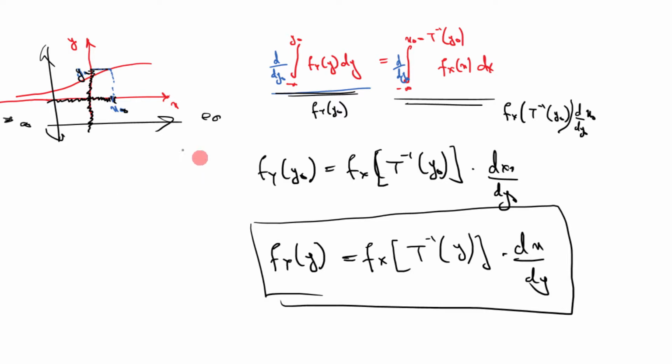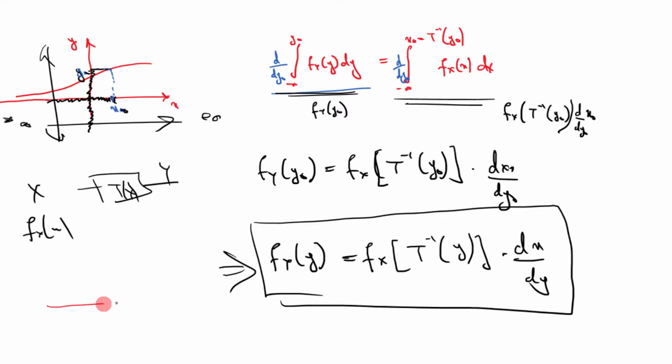So if you have a random variable x whose density function is fx of x, you can find the density function of the output of transformation t of x from this expression. You can prove this expression for a monotonically decreasing transformation. Again, it will be equal to this expression. You can prove it yourself.